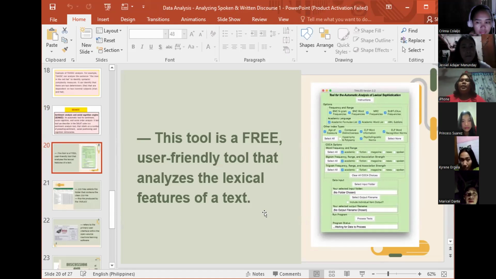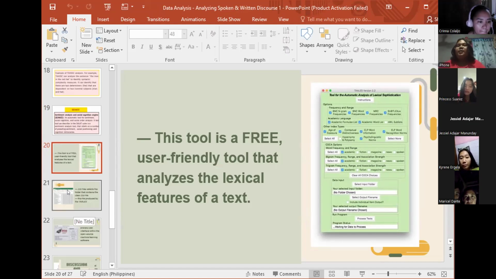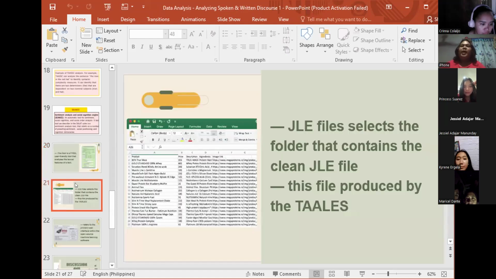We present here a sample analysis that predicts human ratings of speaking proficiency in a large corpus using the lexical indices reported by TAALES. This tool for the automatic analysis of lexical sophistication is used by researchers, whether in science, medical, or in education. So let's proceed to the sample analysis.